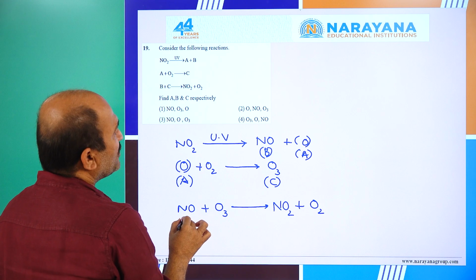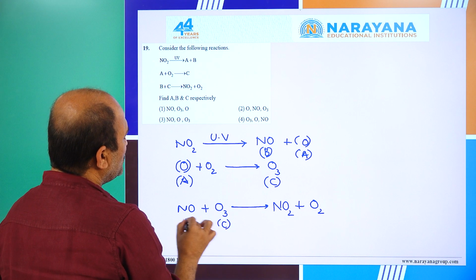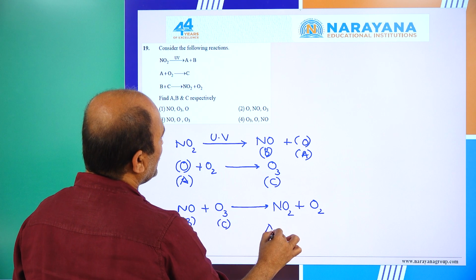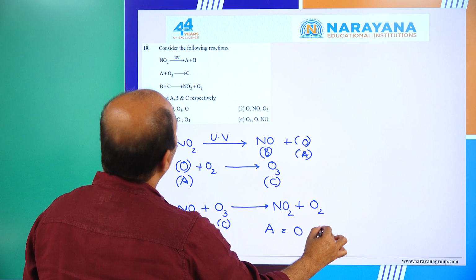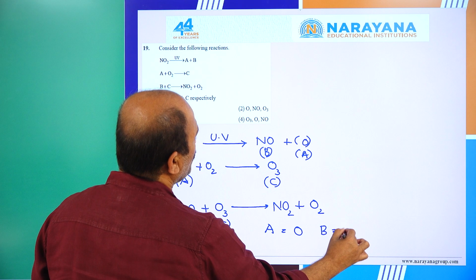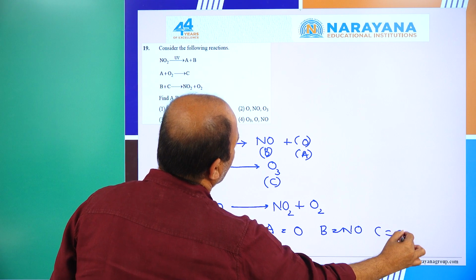NO is B and O3 is C. Based on that, what is A? A is equal to nascent oxygen, B is equal to NO, C is equal to O3.